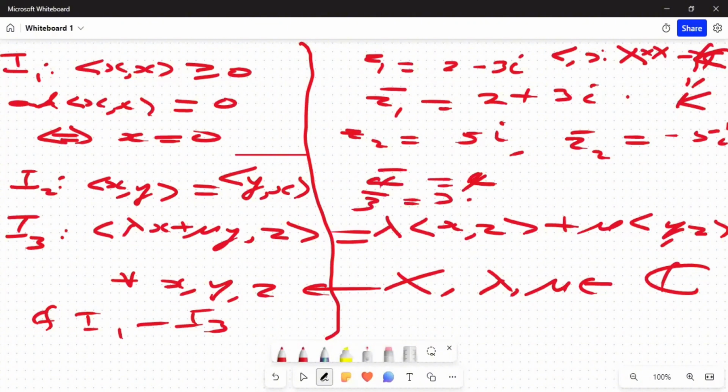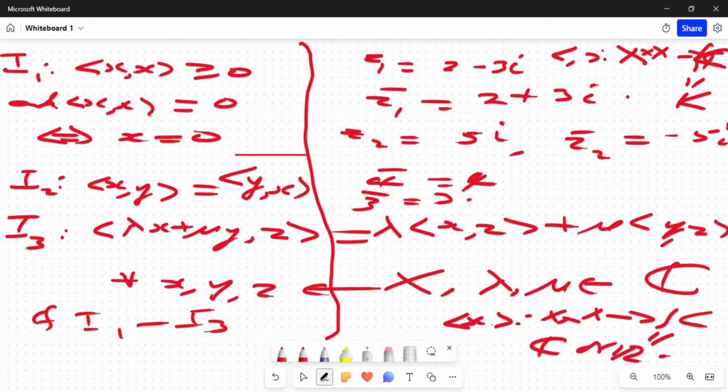So, of course, we said generally this inner product is a function from x cross x to K. K is a scalar field, which most of the time could be either C or R. We are going to give examples.